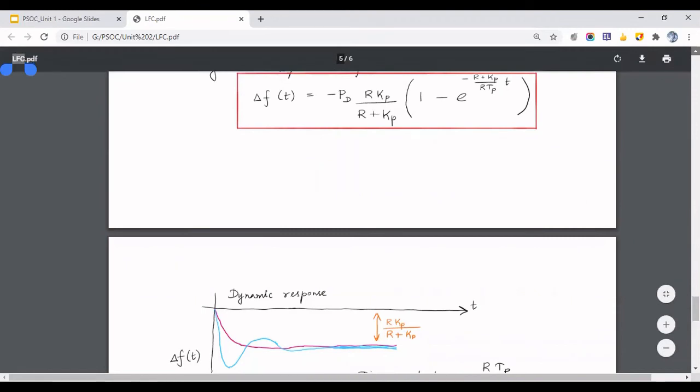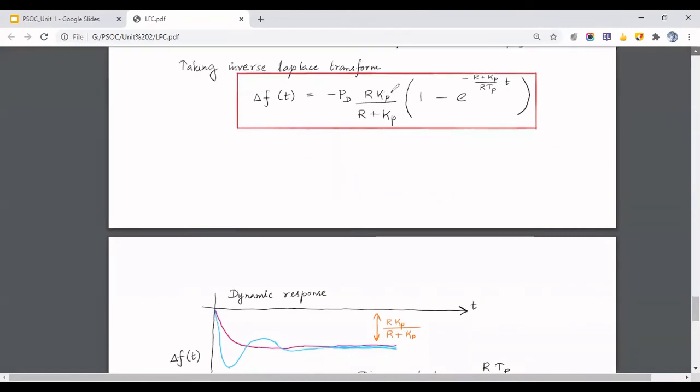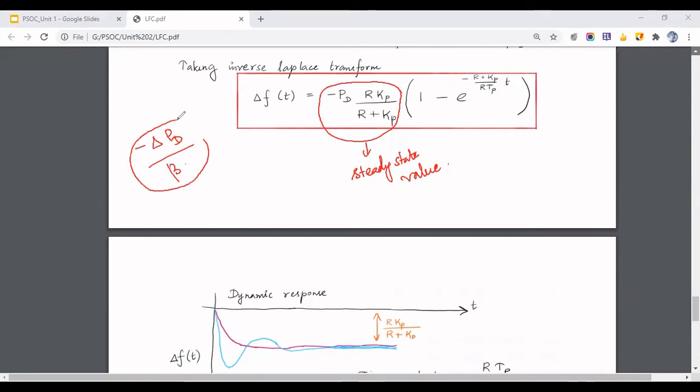And looking at this expression, this denotes the steady state value. If you want, you could also compare it with minus delta PD divided by beta, the value that we arrived at using the steady state analysis.